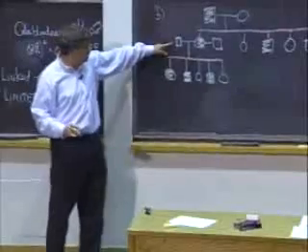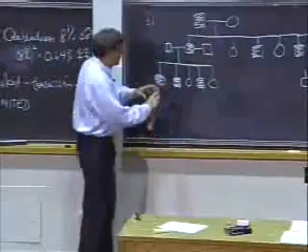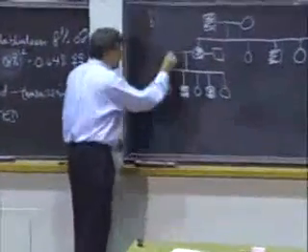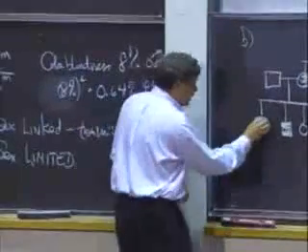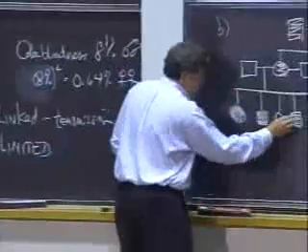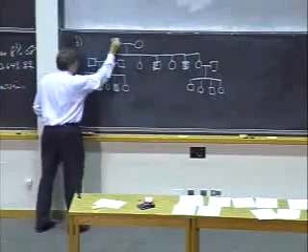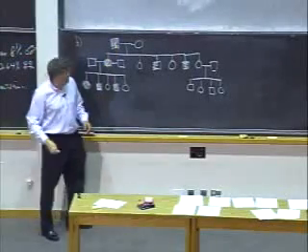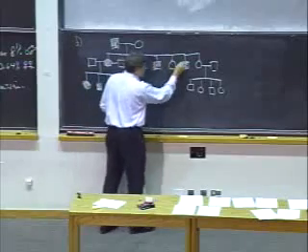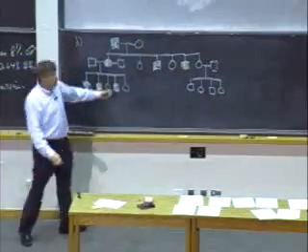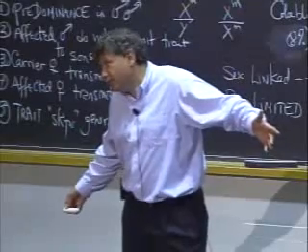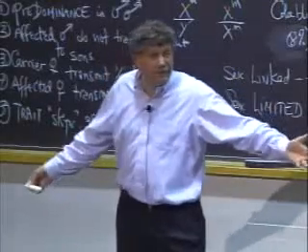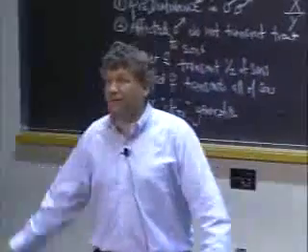I'm drawing them as an empty symbol here, indicating that we do not think they have the trait. They're not carriers. How do you propose to find that out? Look at the children. Well, the children are affected. They could be carriers. You know, the data are what they are. You've got to interpret them.